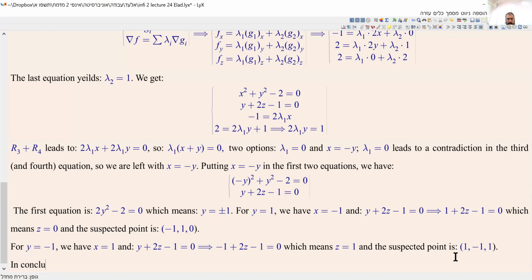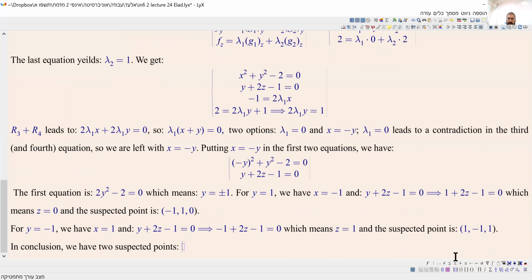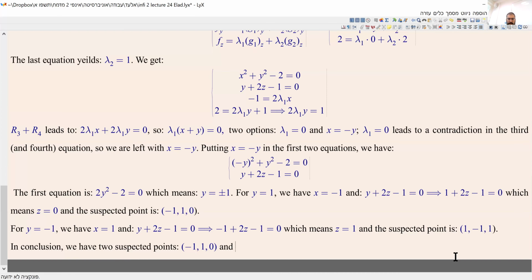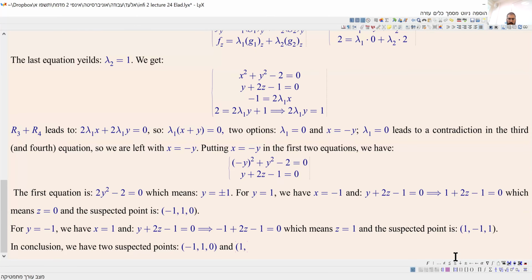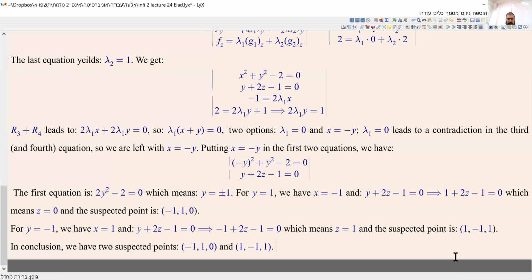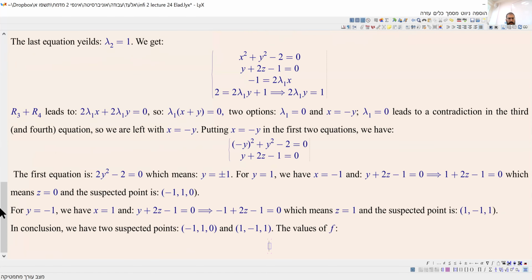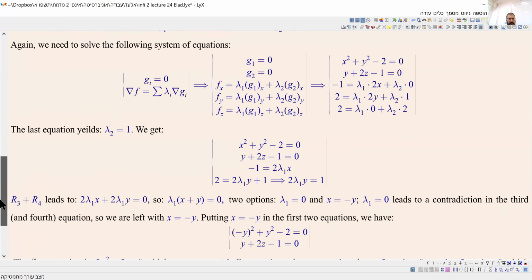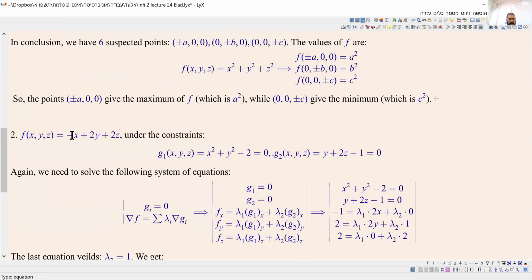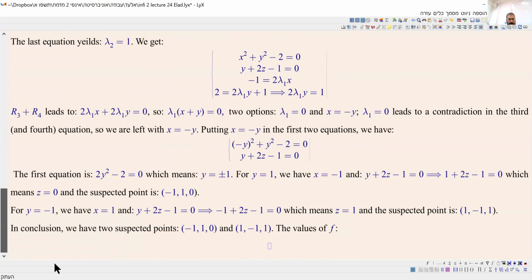In conclusion, we have two suspected points, -1, 1, 0, and 1, -1, 1. The values of f are, again, in this case, f is -x plus 2y plus 2z.